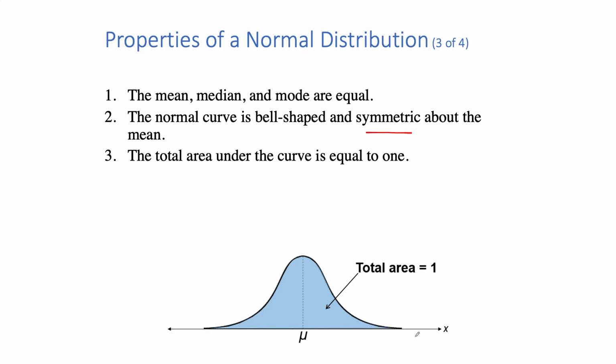Why should that be the case? Imagine the discrete case. When we had a discrete probability distribution, the sum of the probabilities was always 1.